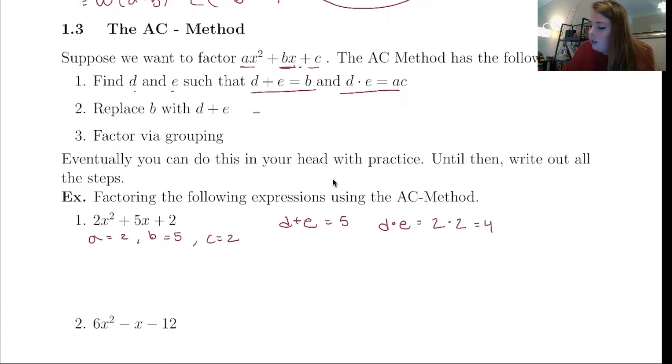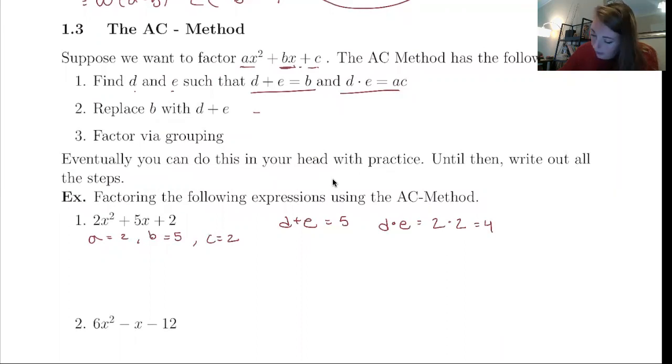So what are some factors of 4? Things that multiply to give me 4 that will add to 5. And you might have to go through a few of these because remember, we can always plug in a negative. Like -1 and -4, that multiplies to 4, but that adds to -5, not 5. So I'm going to cancel that one out.